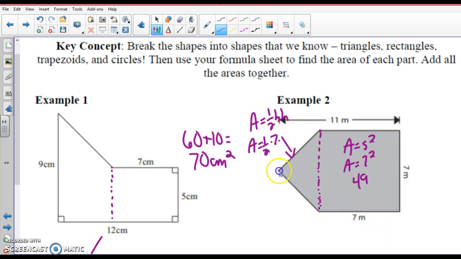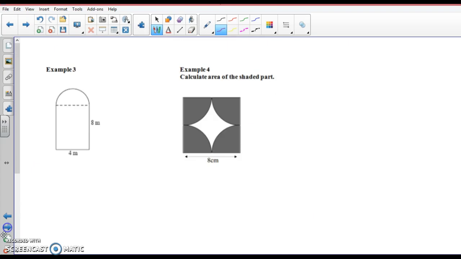The height, you need to figure out what that is. Look, this is 11, so that needs to be 4. So my area is going to be 14. So my total area, 14 plus 49 is 63 meters squared. Once you find the area of both parts, you need to add them together.